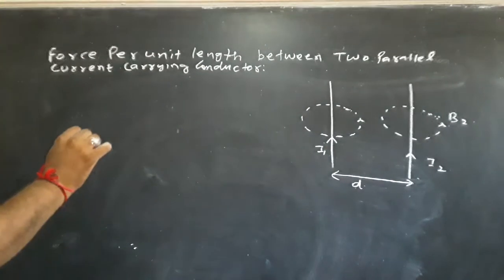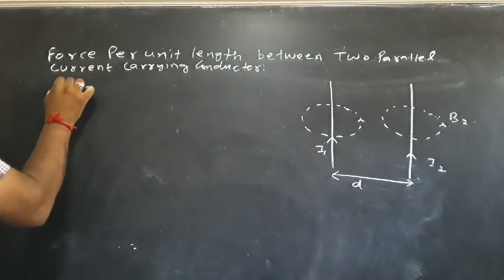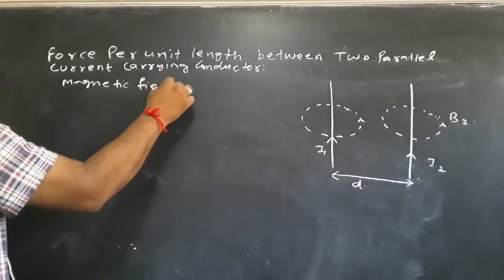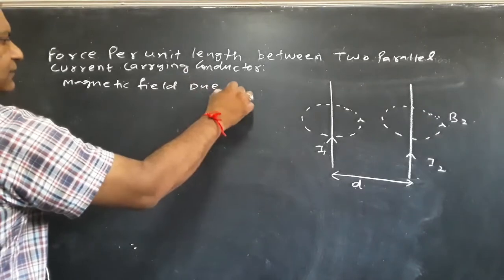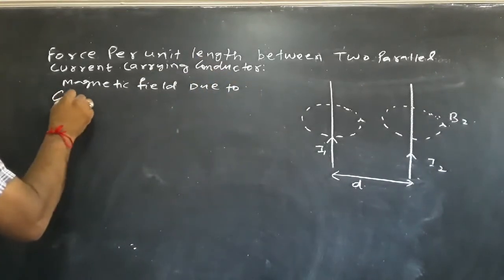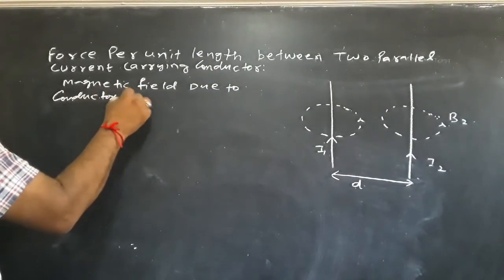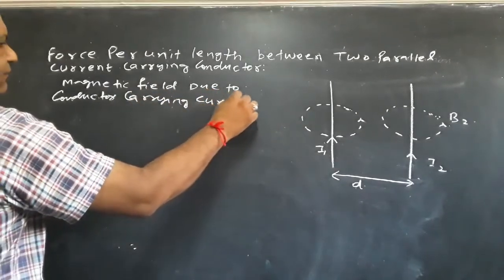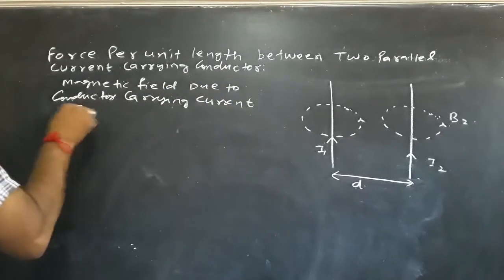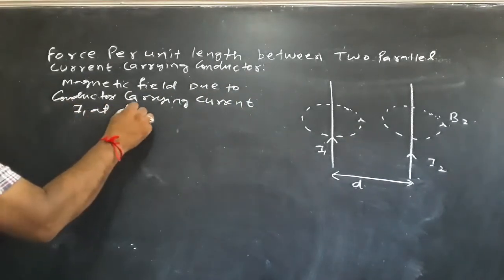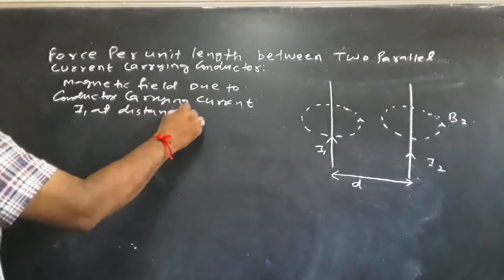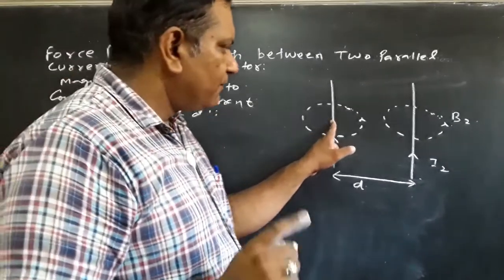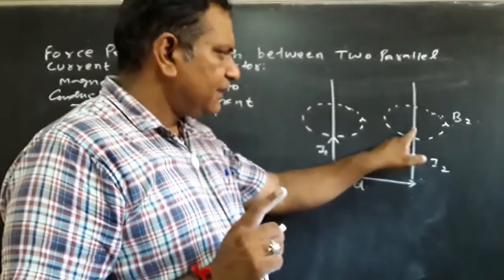Now, the magnetic field due to the conductor carrying current I1 at distance D. Magnitude of the magnetic field at this point.